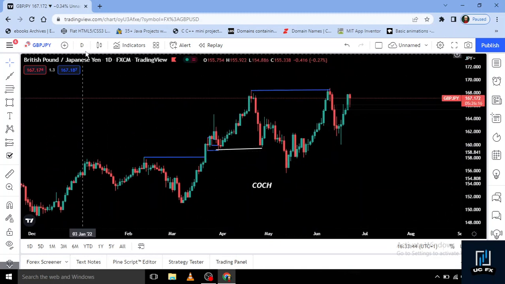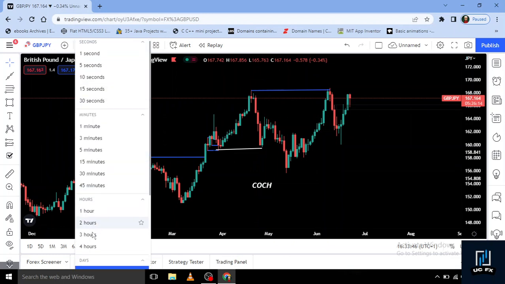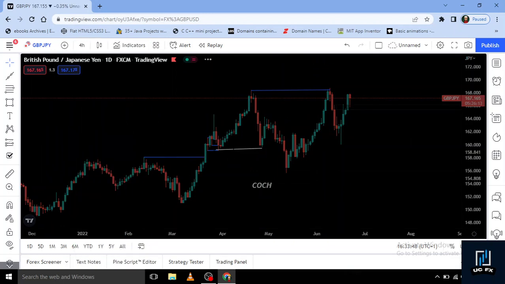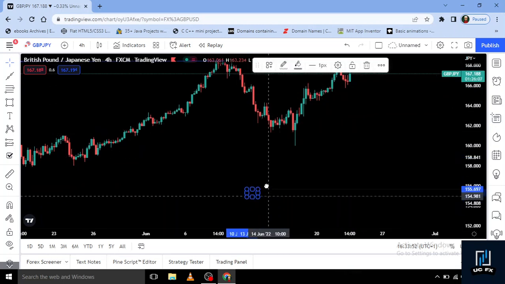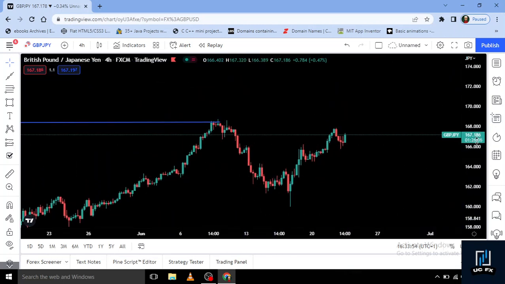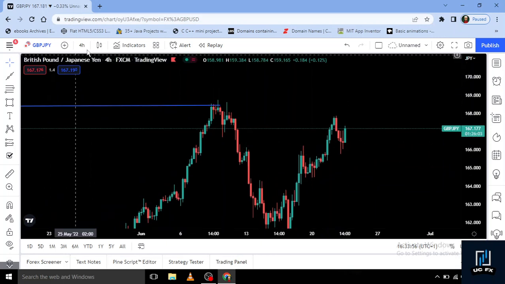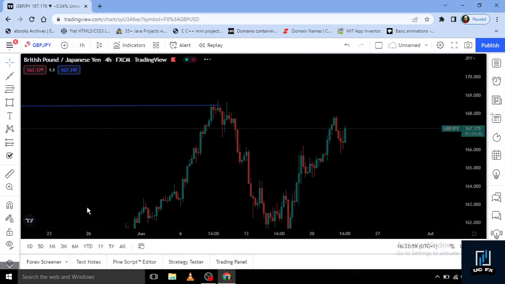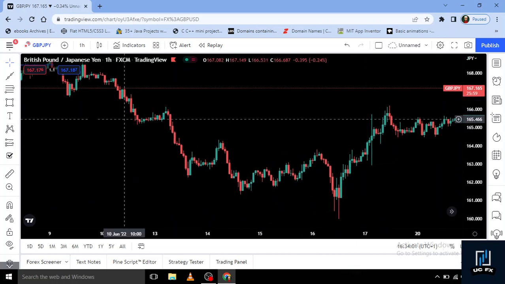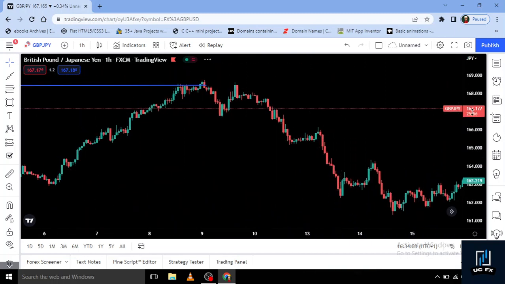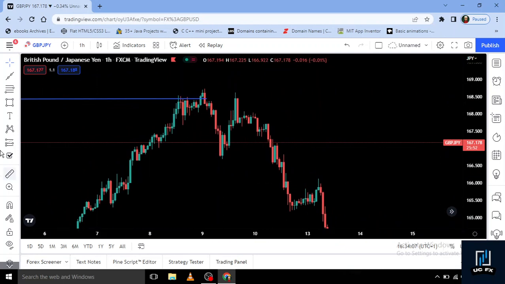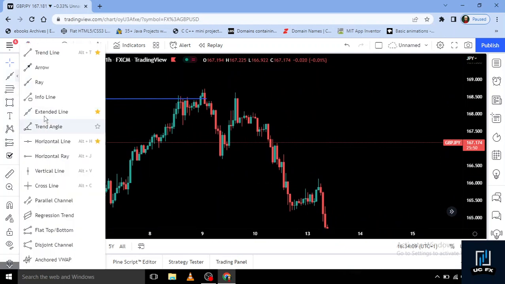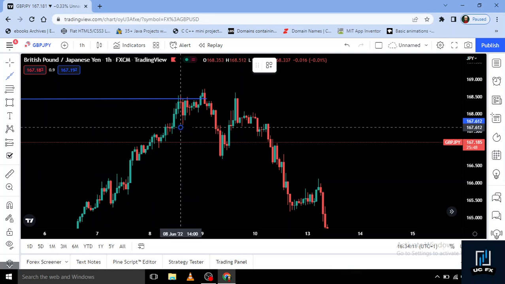Let's go to the 4-hour time frame. Right here in the 4-hour time frame, before the market reversed from this point, let's go to 1 hour. Before the market reversed from this point, the market broke this area.